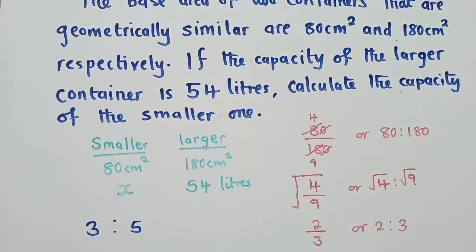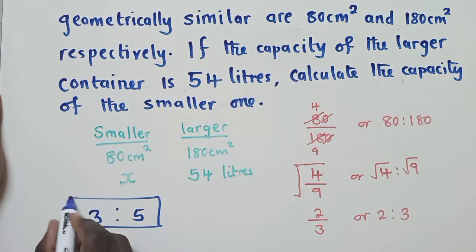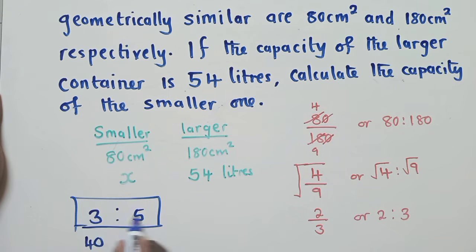They have given you the area of the smaller container, maybe equal to 40. How do you find the area of the bigger container? Since they have given you the heights, you find the ratio factor.